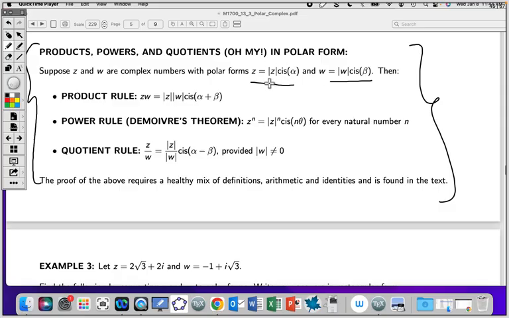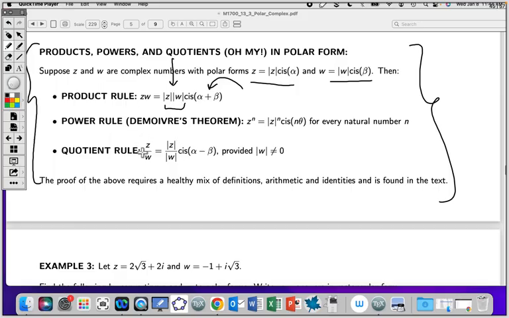So here, modulus of z cis alpha, modulus of w cis beta. Then if you want to multiply the complex numbers together, you multiply the radii and you add the angles. So you're magnifying things by multiplying the radii together, and then you're rotating. You're adding beta to alpha. All right, we'll talk more about that later.